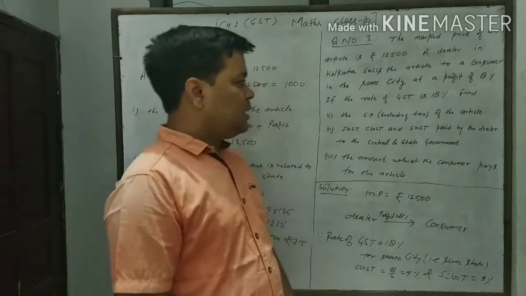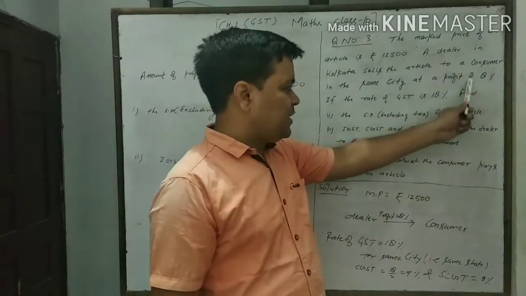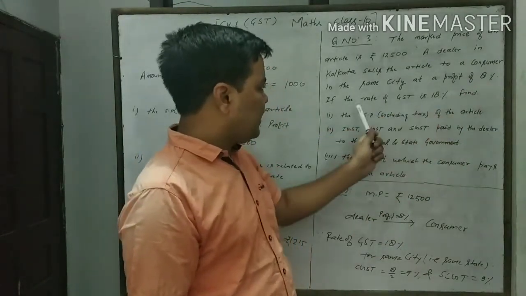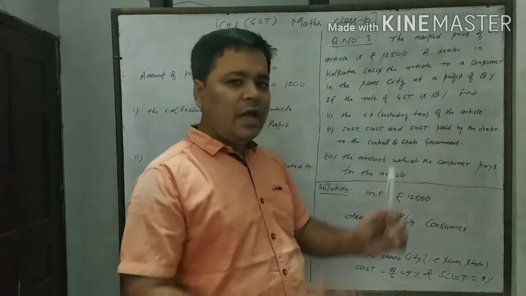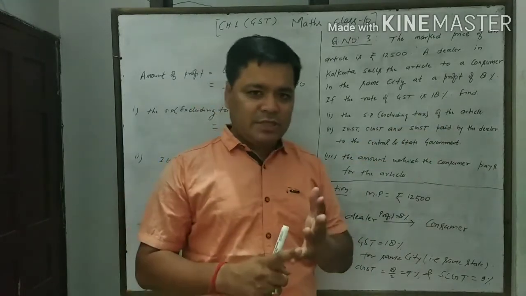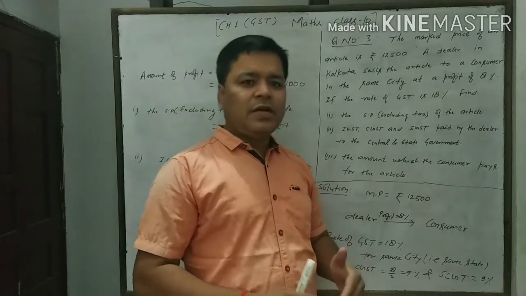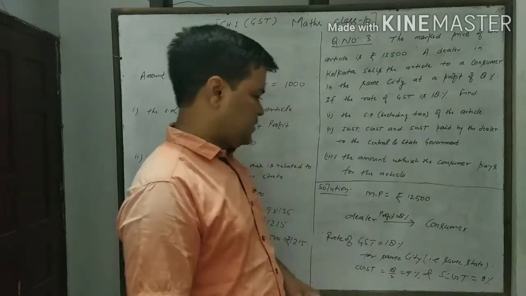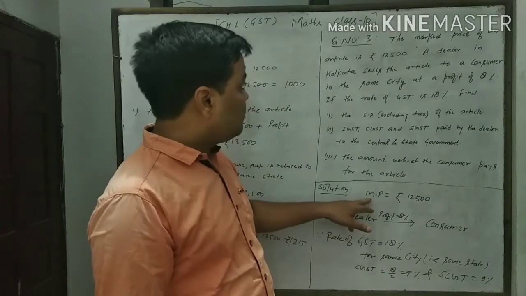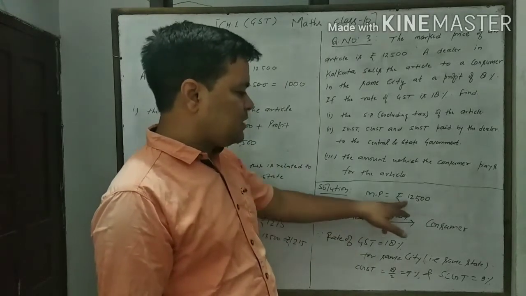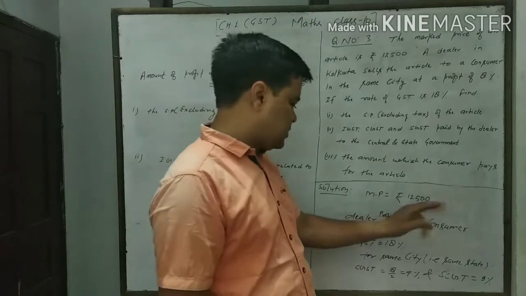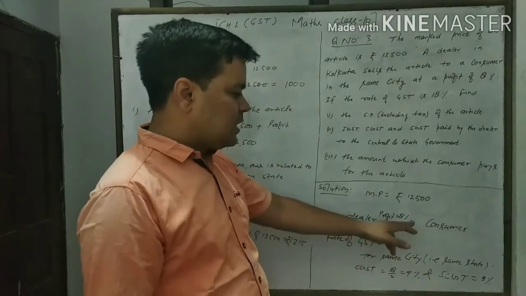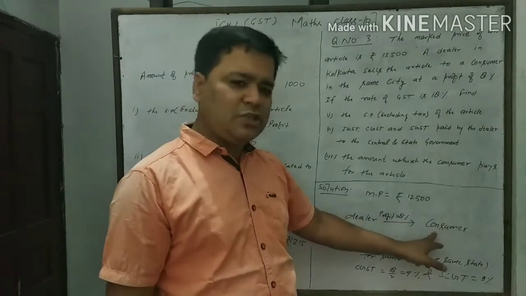Since the profit is 8% and the rate of GST is 18%, it will be divided into CGST and SGST. That will be half of 18%, means 9% and 9%. Here the market price is given, 12,500 rupees. Here the dealer takes 8% profit and sells it to the consumer.